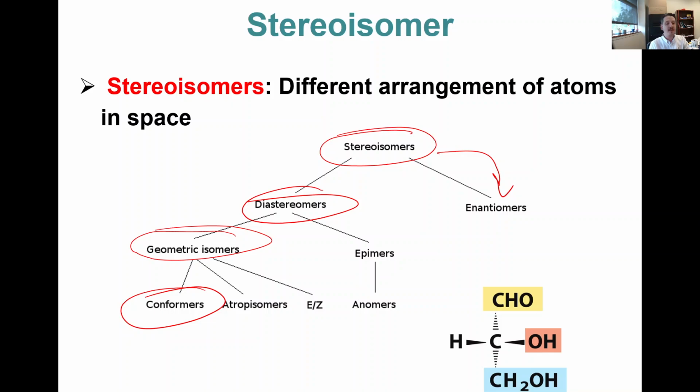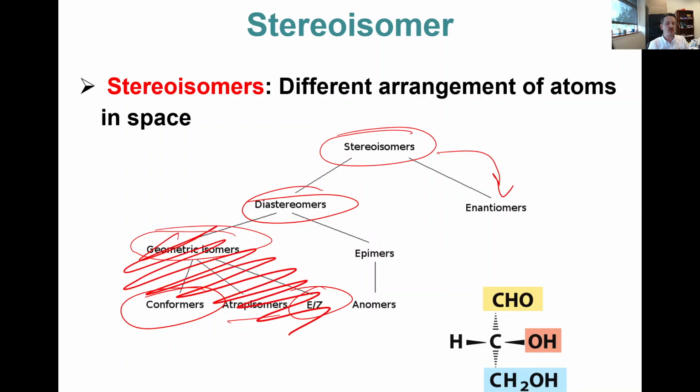Similar are the atropisomers, which are arrangements around a single bond that are sterically hindered, so it's as if it was a double bond. Or the E/Z isomers, that is cis and trans, where you cannot rotate around the double bond. This type is not really relevant for sugars.